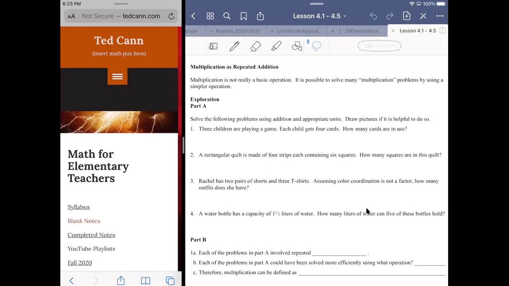Right? So a little blurb here. It is possible to solve many multiplication problems by using a simpler operation. And I can say that elementary education now starts off really targeting and zeroing in on the concept of addition, to the point where it's like, shouldn't we have moved on already? Shouldn't we have moved on to multiplication?